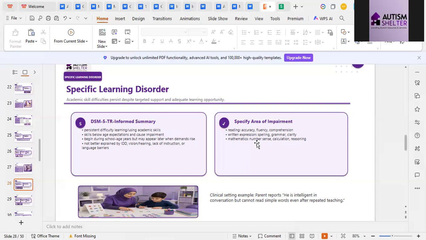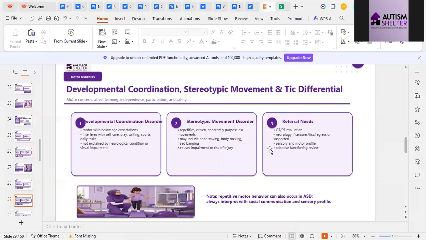That is reasoning. Sometimes there are algorithms, algebra. Everybody has different kinds of interest, and somebody has different impairments too. Let's go to this one: developmental coordination disorder, stereotypic movement disorder.